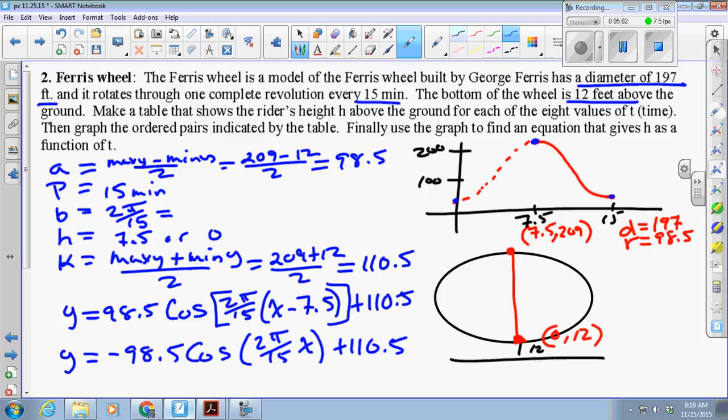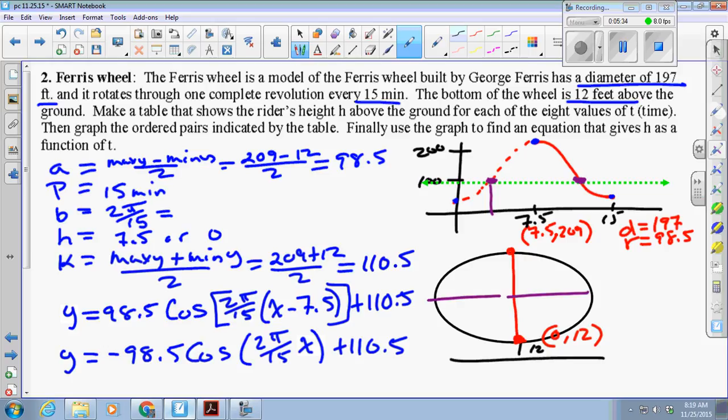110.5. Question now is, do we need an equilibrium point? If we wanted to do this as a sine function, my equilibrium point is going to be 110.5, so that's going to be somewhere in here. If I had graphed that correctly, those points right there theoretically are my equilibrium points. That should be halfway between 0 and 7.5.